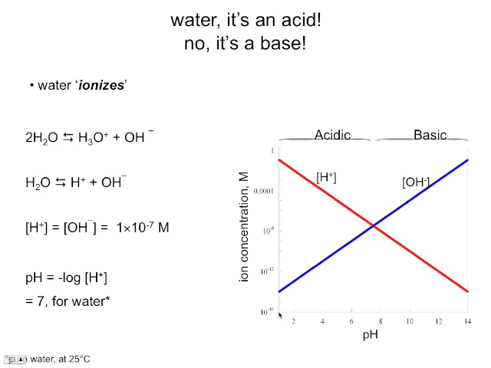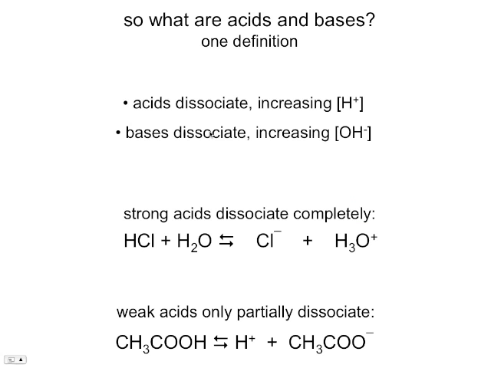Very small numbers of hydronium ions mean very high pHs, very basic solutions. High concentration of hydronium ions means low pH, very acidic. Conversely, as the concentration of hydroxide ion increases, we see an increase in the pH into the basic range. So acidity, in one definition, is the extent to which a molecule ionizes and breaks apart into hydronium ion or hydroxide ion. So let's take a look at that.